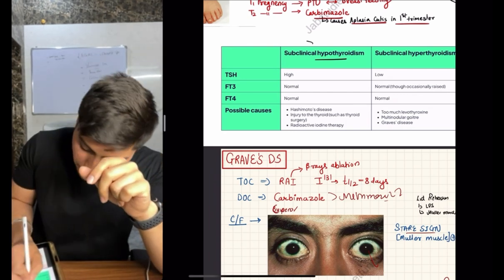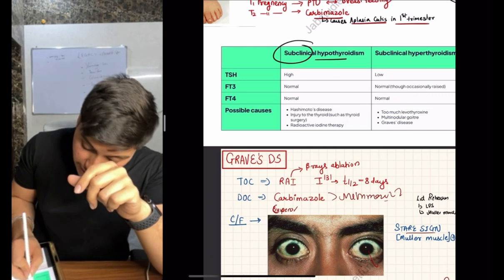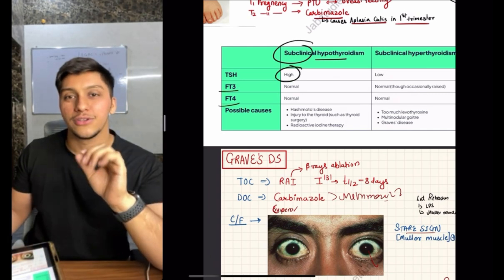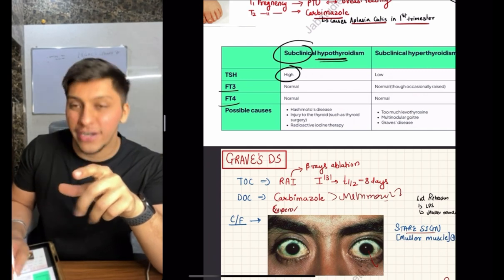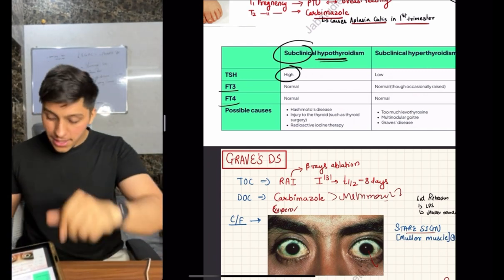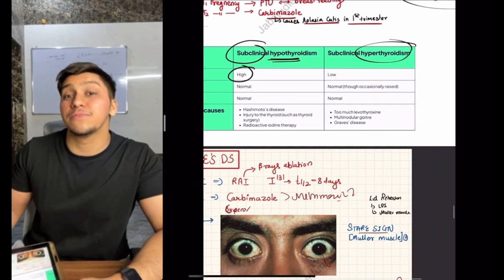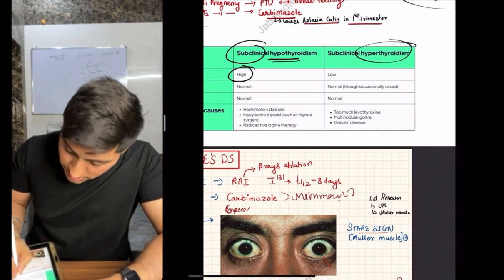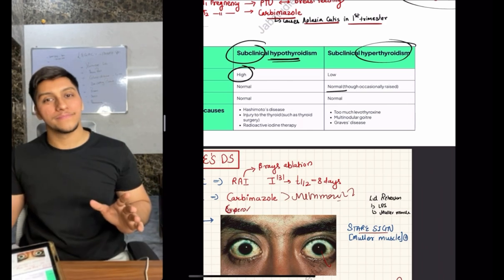What happens in subclinical hypothyroidism is that the TSH level is anyway going to be high, but the T3 and T4 are going to be normal. So we are deciding the word hypothyroidism based on the TSH level. In subclinical hyperthyroidism, the TSH level is going to be low, but the T3 and T4 are going to be normal.